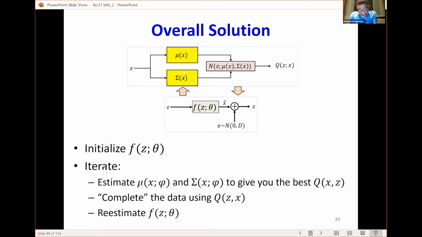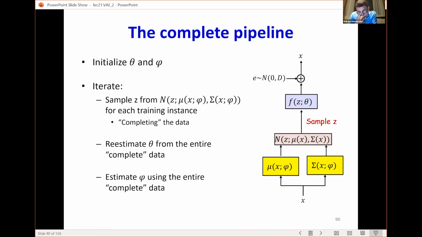Then, given theta, I'm going to estimate the means mu and sigma that give you the best approximation Q of X comma Z. And then you're going to use this to complete the data. And then you're going to use the complete data to re-estimate F. Once you re-estimate F, you're going to use these to go back and update the parameters here to come up with a better estimate of P of Z given X. Then you're going to sample from that Q to complete the data and use the completed data to update F. So here's the complete pipeline.